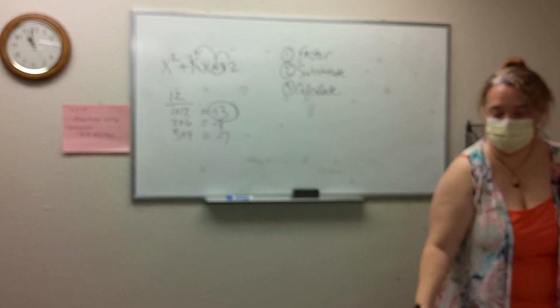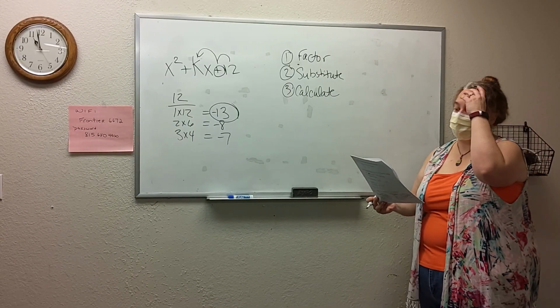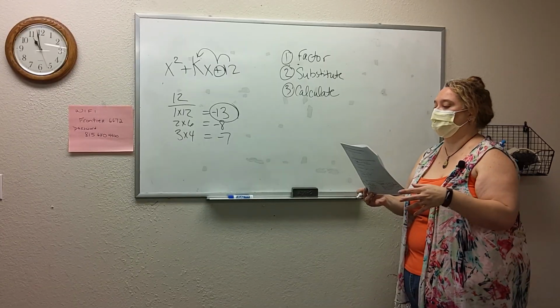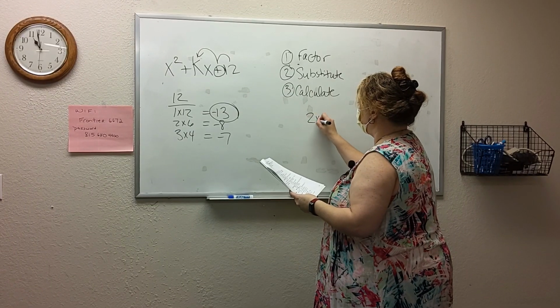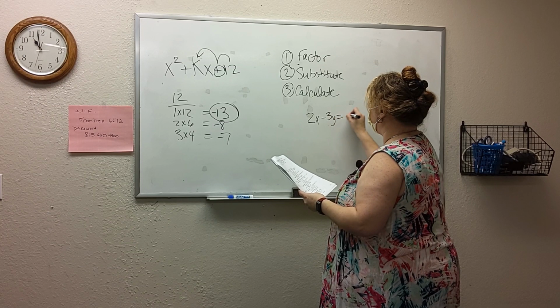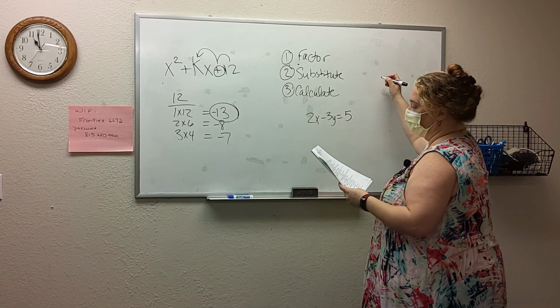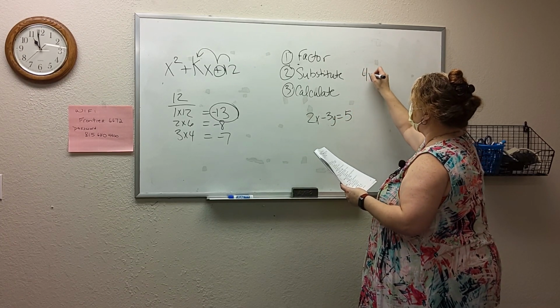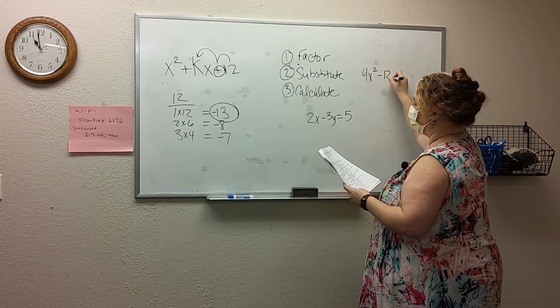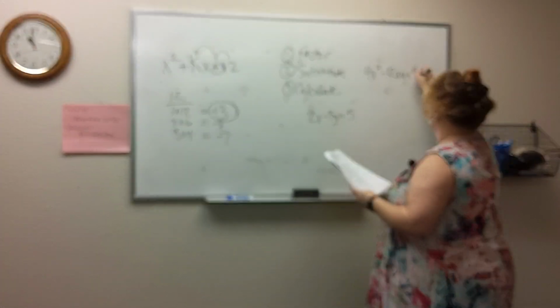Okay. So number 11. If 2x minus 3y is 5, what is the value of 4x squared minus 12xy plus 9y squared? Okay, so we know 2x minus 3y equals 5. And we're looking for 4x squared minus 12xy plus 9y squared.